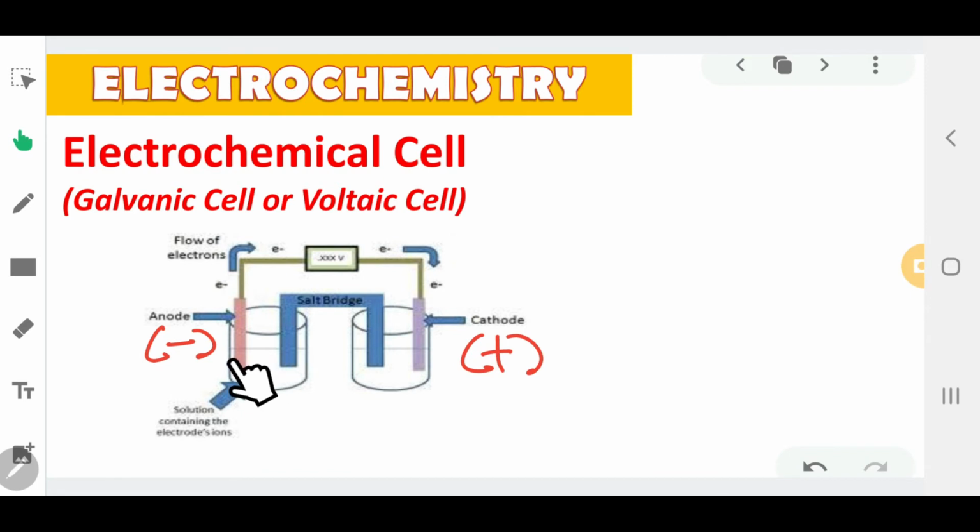So they're going to be jumping from a place that is more negative towards somewhere that is less negative. So you can see that the electrons will be moving spontaneously. You don't have to supply extra electrical energy to get the electrons to flow from anode to cathode.